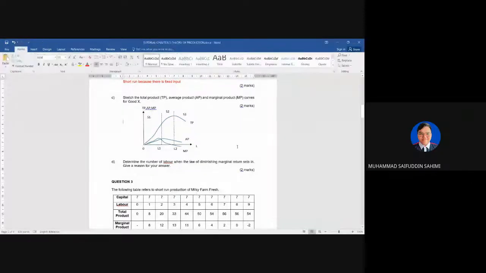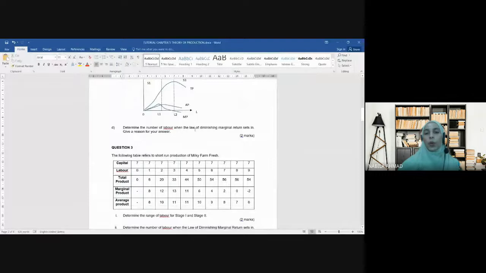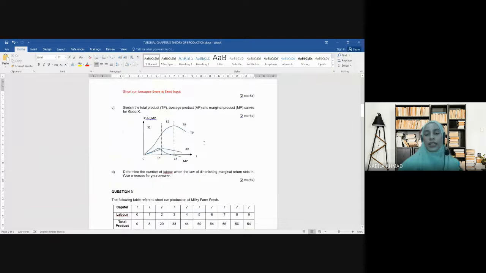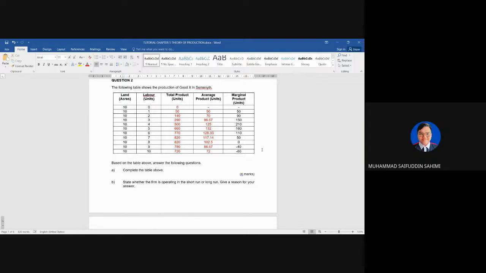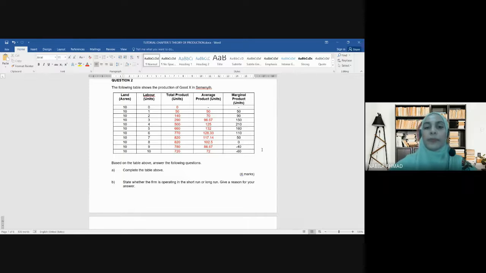Yes. Okay, and then determine the number of labor when the law of diminishing marginal return sets in. Give a reason for your answer. Jadi di manakah law of diminishing return berlaku? Kita tengok marginal product. Berapakah number of labor? Siapa boleh bagi tahu saya? 5. Very good. Ya, 5. Kenapa?